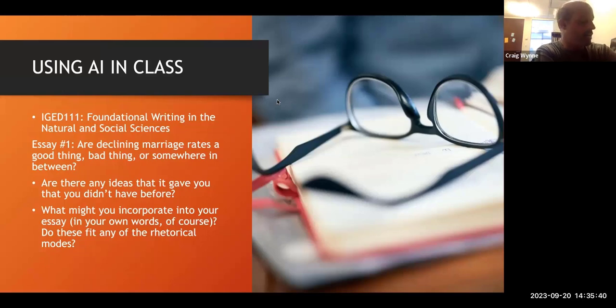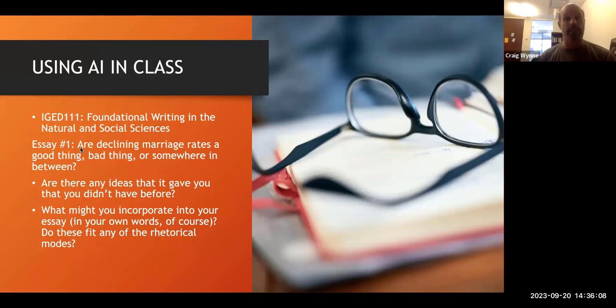Right. Okay. So in other words, students need to cite it, just so we can distinguish what's original thought and what's coming from AI. Essentially, what they're doing this semester is trying to address the question: are declining marriage rates a good thing, a bad thing, or somewhere in between?